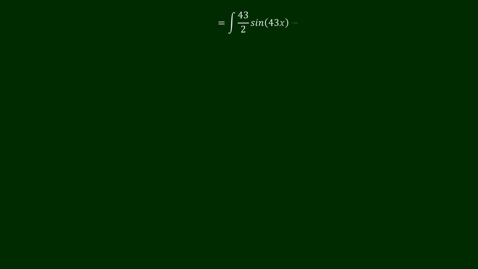So if we integrate this, it means that now we have negative a half of cosine 43x plus a half of cosine 3x plus c.